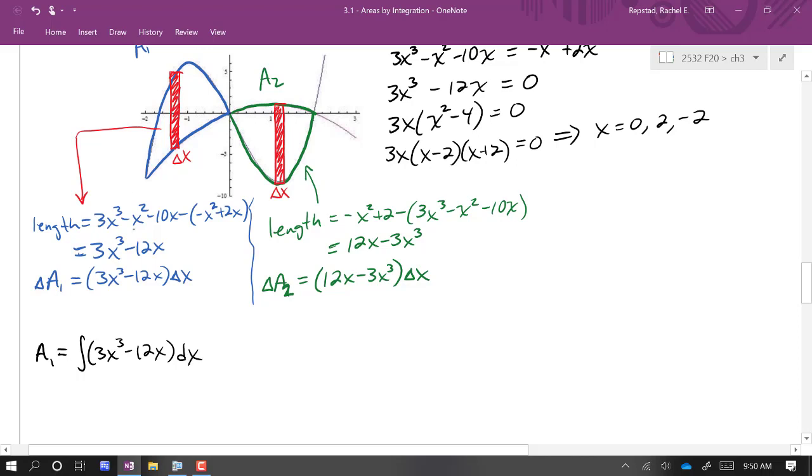And the blue region had bounds from negative 2 to 0, so we're going to integrate from minus 2 to 0. We can integrate this. Using the power rule, the general power formula, we get 3/4 x to the 4th minus 6x squared.